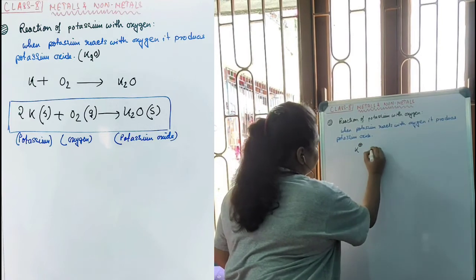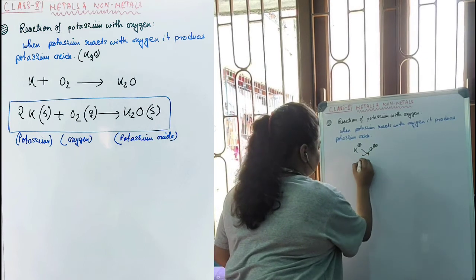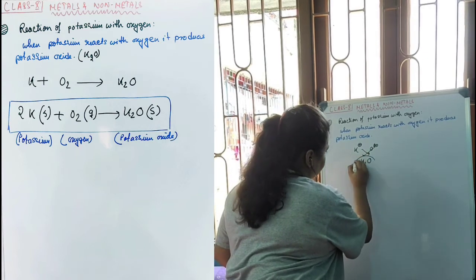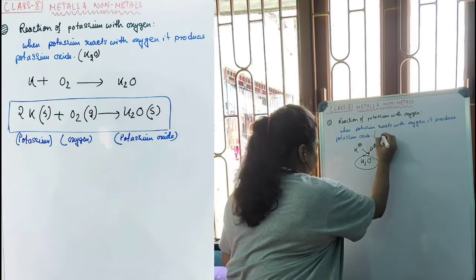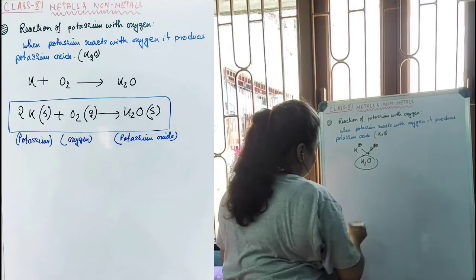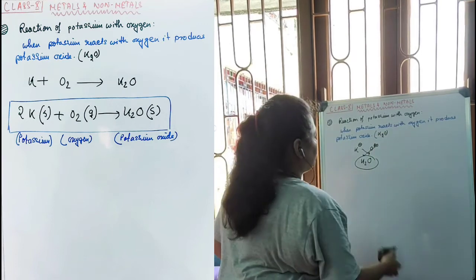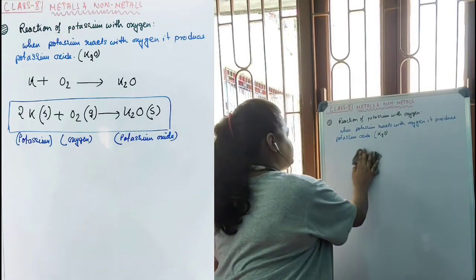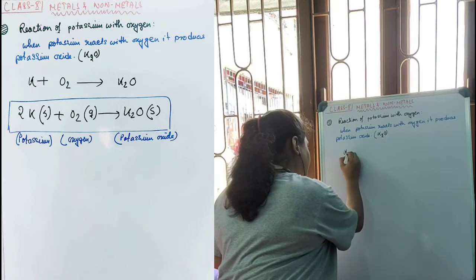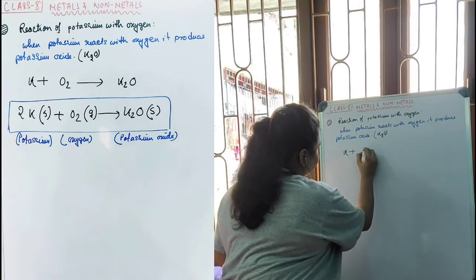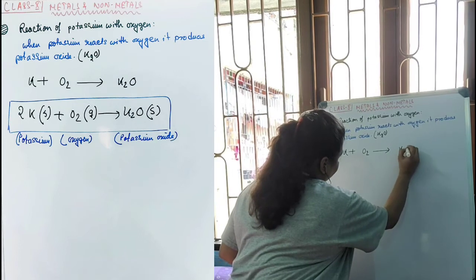Potassium K plus, oxide O2 minus. Therefore the chemical formula of potassium oxide will be K2O. That is, K2O is formed after the reaction of potassium with the oxygen, and the chemical reaction is as follows. K plus O2 arrow K2O is formed.